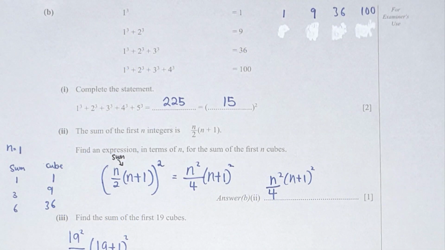But for section b, everything was being cubed. So your 1 cube plus 2 cube plus 3 cube plus 4 cube plus 5 cube will give you 225, and this one is actually 15 squared.